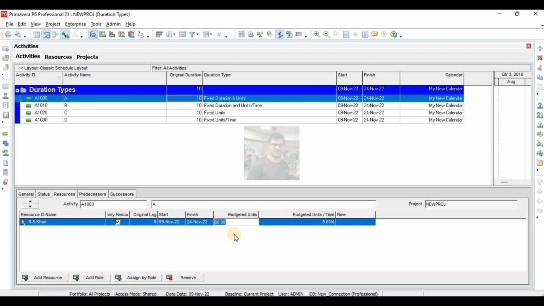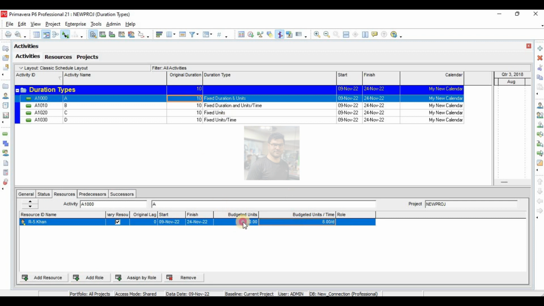Now if I change the duration of this activity to 5, he will work the same 80 units, but 16 units per day. Of course, he cannot work 16 units, so you will have to add another extra resource. So changing duration, units per time will change.